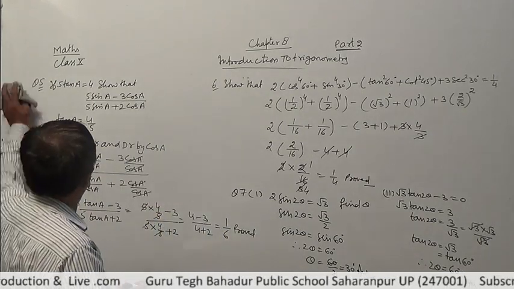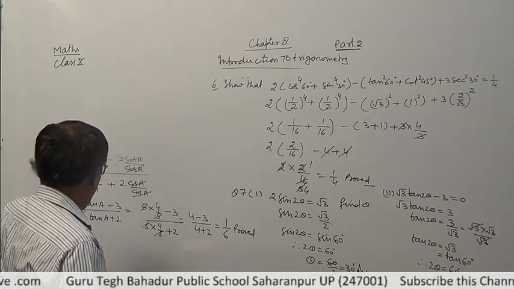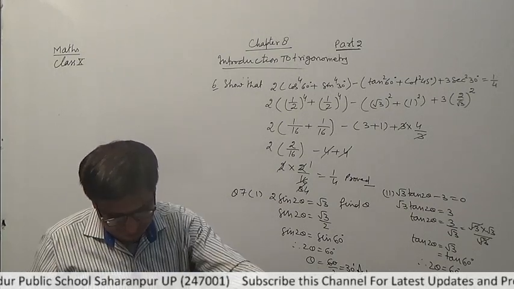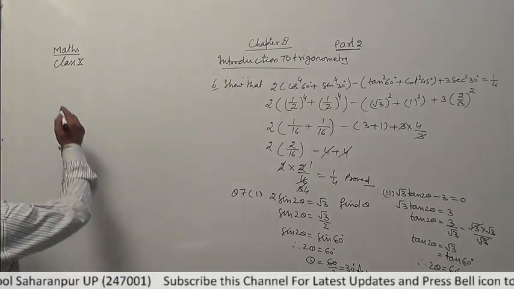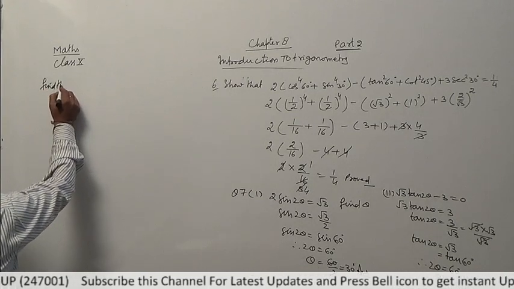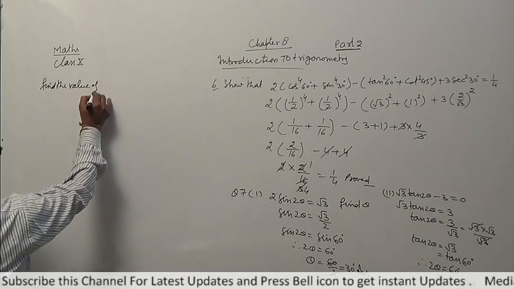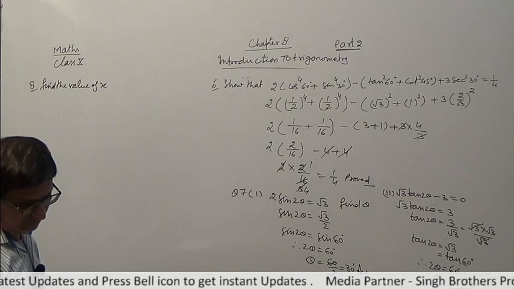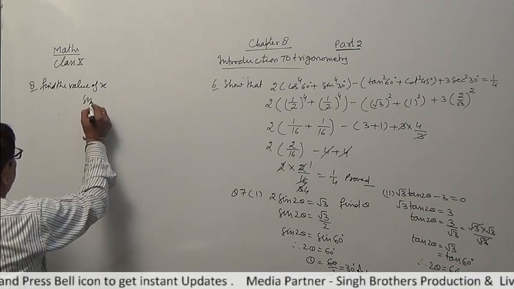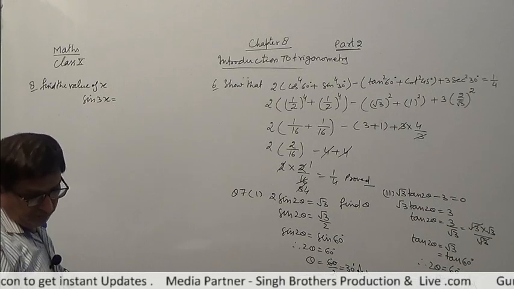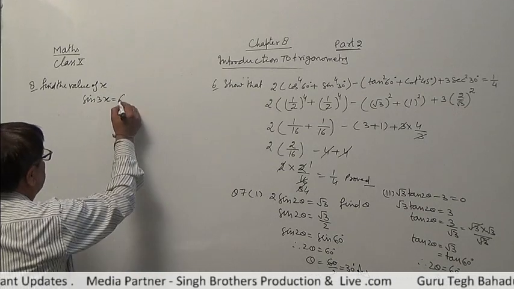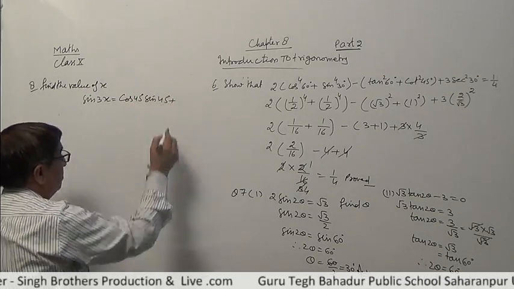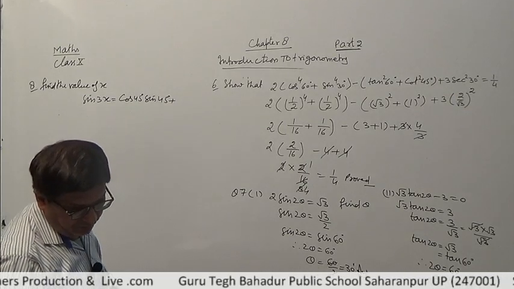Next one, eighth question: find the value of x given that sin 3x is equal to cos 45 sin 45 plus sin 30.